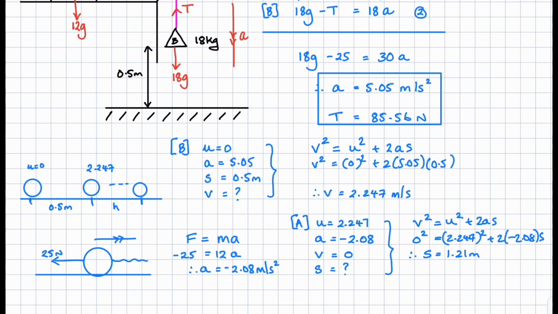So what's the overall distance? Well, the overall distance is basically going to be 0.5 meters plus 1.21 meters, which works out to be 1.71 meters. So the overall distance travelled by particle A would be 1.71 meters.